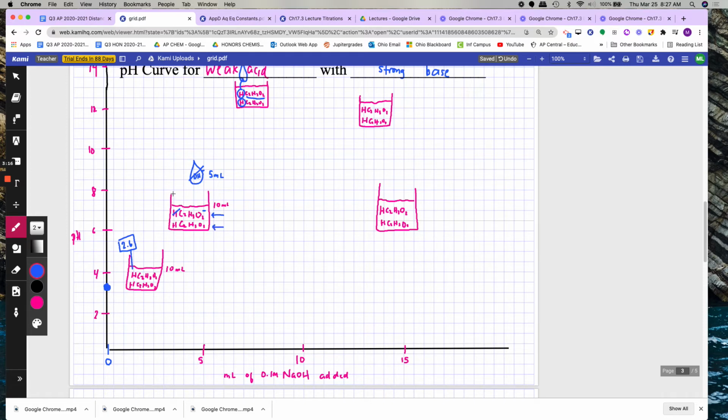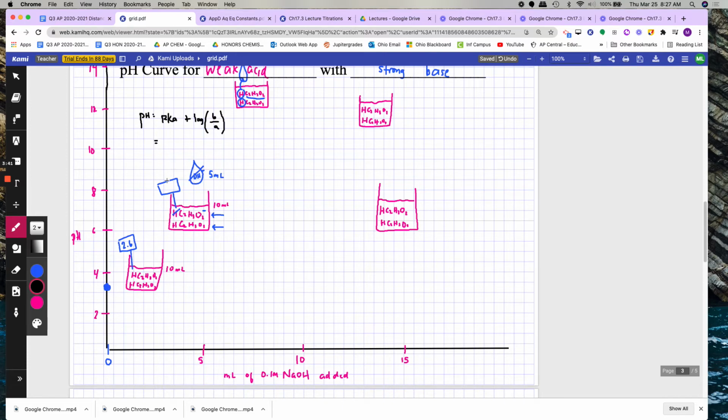To get the pH of this, you can use a pH probe. If you didn't have a pH probe, you can use Henderson-Hasselbalch, okay, where pH is equal to pKa plus log of the base, conjugate base and conjugate acid.